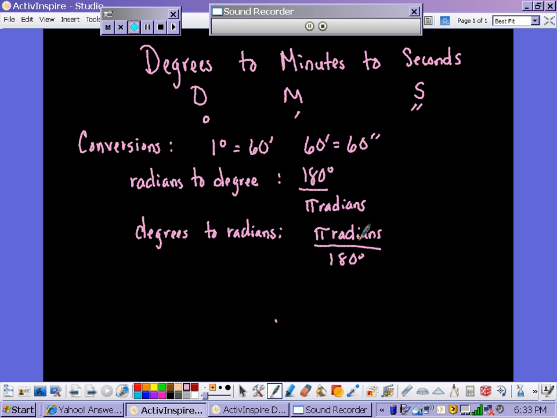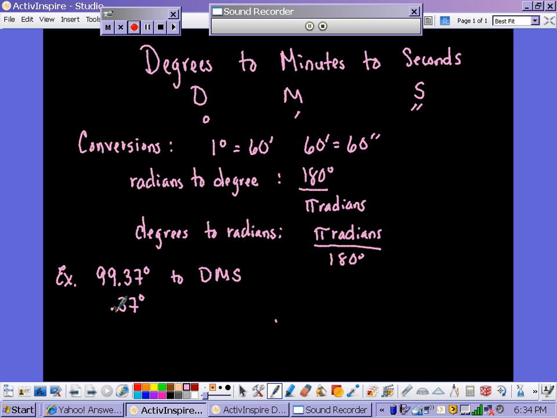So the very first example that I'm going to do for you is converting from decimal form to degrees, minutes, and seconds. So we have 99.37 degrees, and we want to convert this to DMS. The 99 is already in degrees, so we leave it alone and just work with the 0.37 degrees.